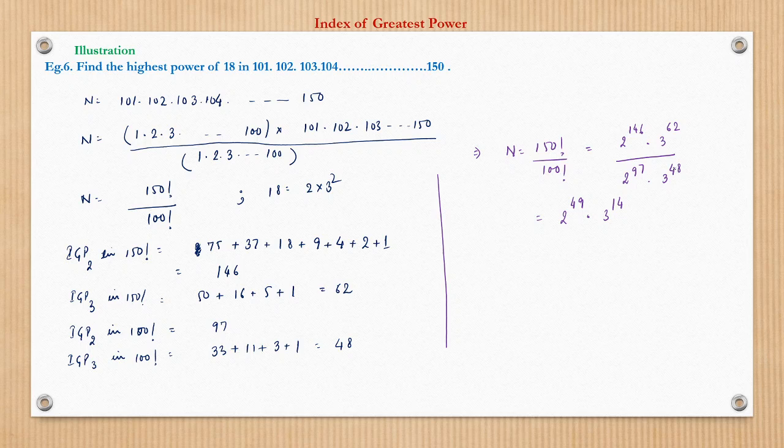Any mistake anywhere? No, here is the mistake. 15 plus 60, 66 plus 5, 71 plus 1, 72, right? And this is 48.